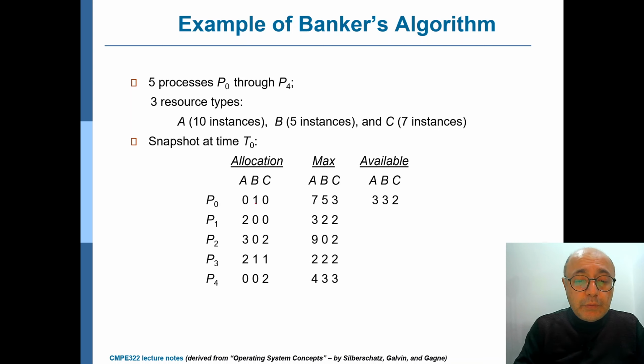So one of the resources for B was already given. That means P0 might request 4 more instances of B, but it might also request 7 instances of A and 3 instances of C.